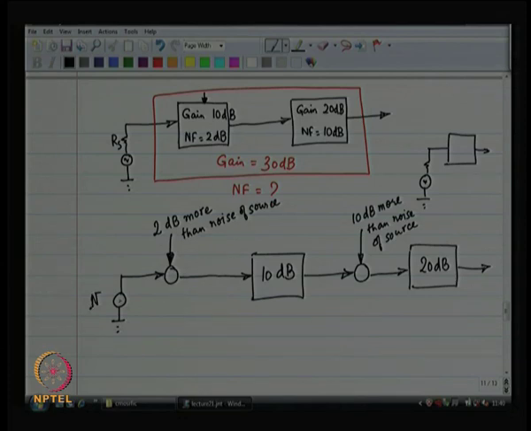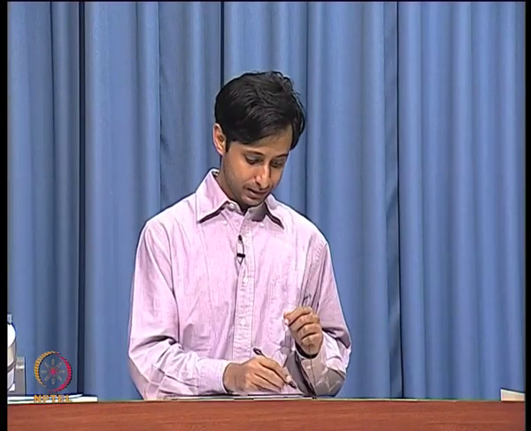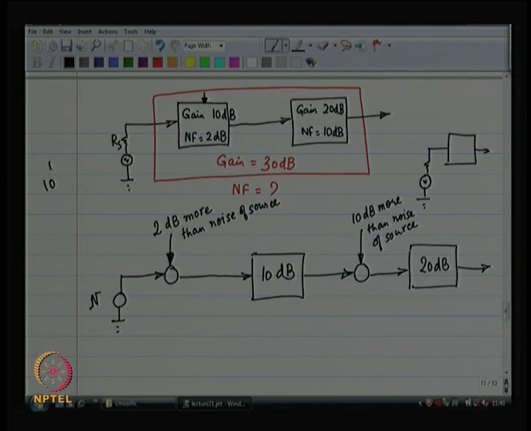So, I have got n as the noise of the source, this is really a noise power, V n squared, mean squared voltage, that is what we are talking about. 2 dB more than that is how much? So, you have to divide by 10. So, 10 to the power 0.2.